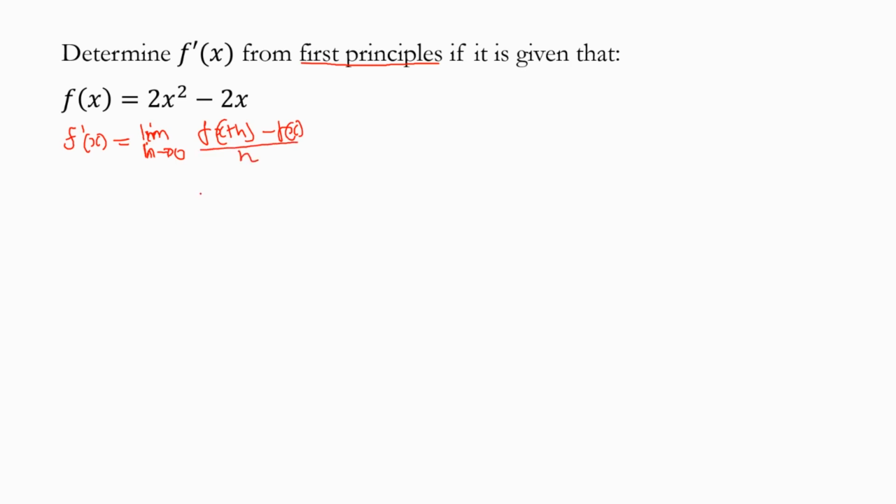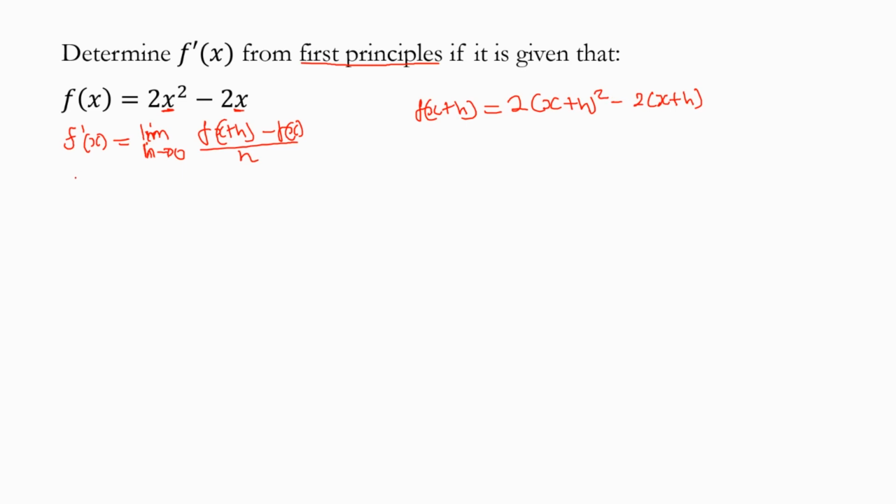So you can start by finding your f of x plus h. Maybe just do it by the side. So f of x plus h is equal to, where there's x, you put x plus h. So it's going to be 2 times x plus h squared minus 2 times x plus h. That is f of x plus h.